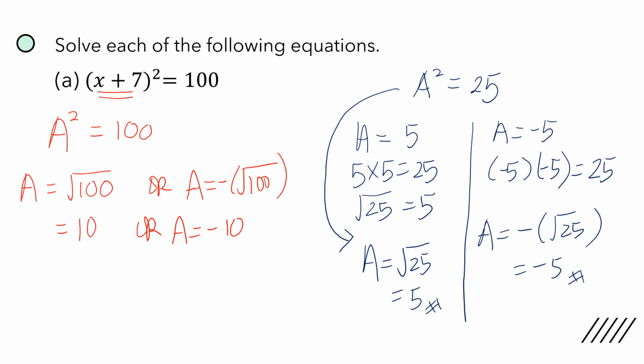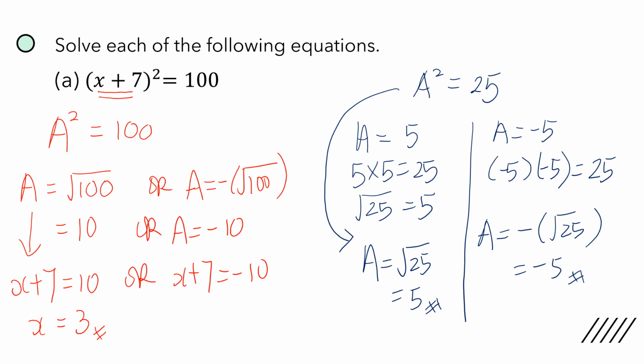But remember, your A is a substituted value for x plus 7. So you have to sub your A back to be x plus 7. So I have x plus 7 equals 10, or x plus 7 equals negative 10. So x can be 10 minus 7, that's 3, one answer. Or negative 10 minus 7, negative 17 as a second answer.